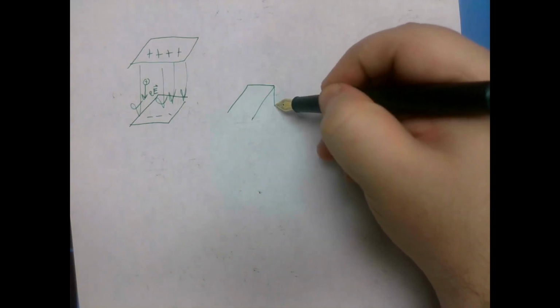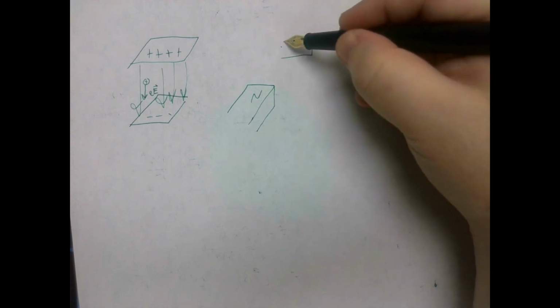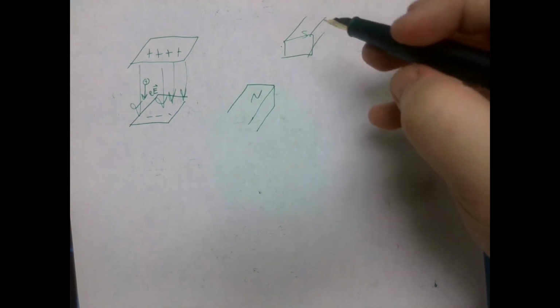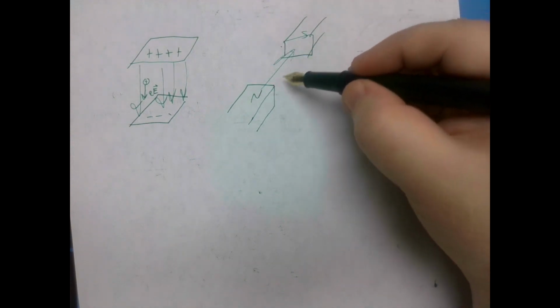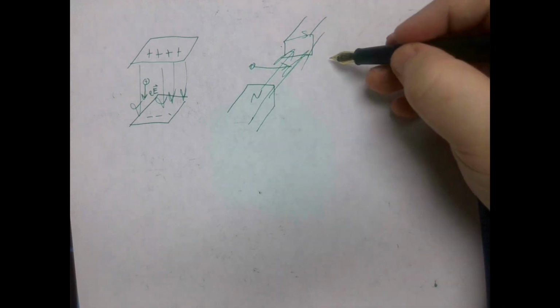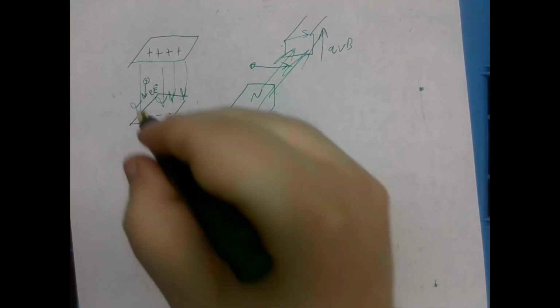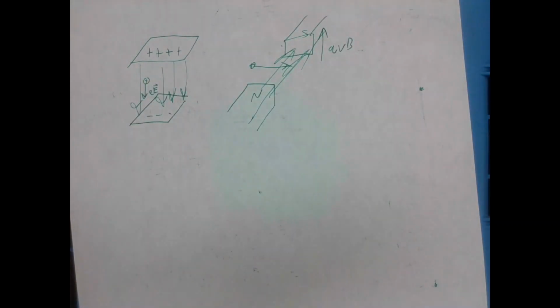We have a north and a south. Force is going in this direction. If the particle is moving in this direction, then we're going to have a force pointing upward equal to QVB. And if you counteract these two so that the net force is 0, maybe counteracting gravity too and plugging that in. So atoms are so light, gravity can be ignored almost.